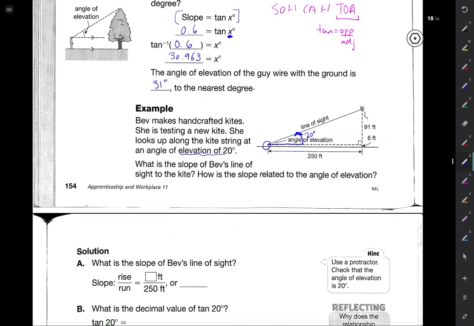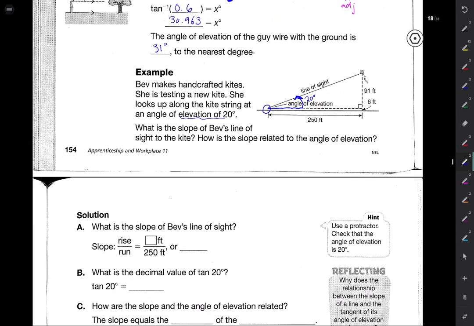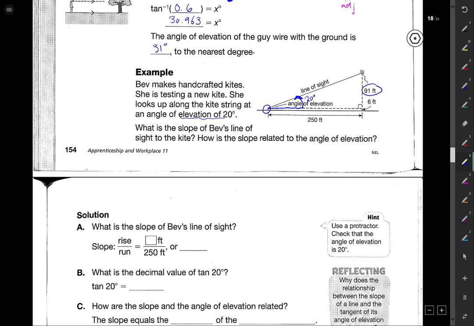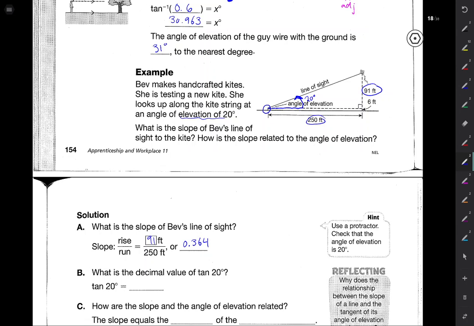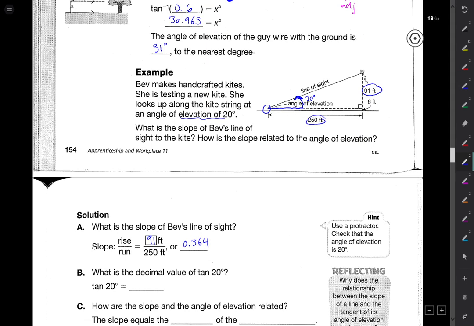In part A, they want us to start off with what the slope of this line is. So we need to do rise over run. The rise this time is 91 feet and the run is 250 feet. If we put that in your calculator, you should get 0.364. Now this decimal is actually going to be the same as the tan of 20.